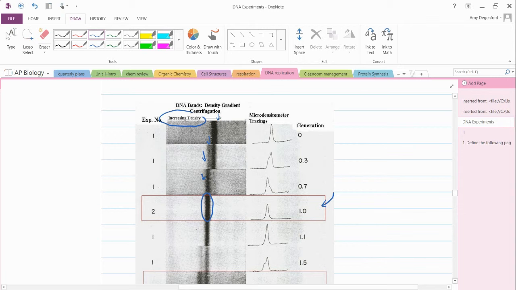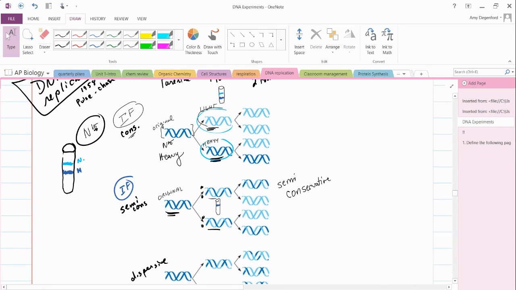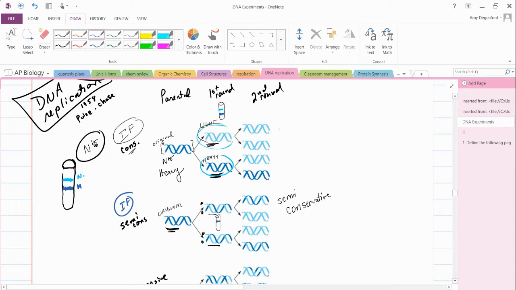So rather a nice challenge. Now we know exactly. We can eliminate conservative replication. And so in the first round, the conservative is knocked out. It is not conservative.